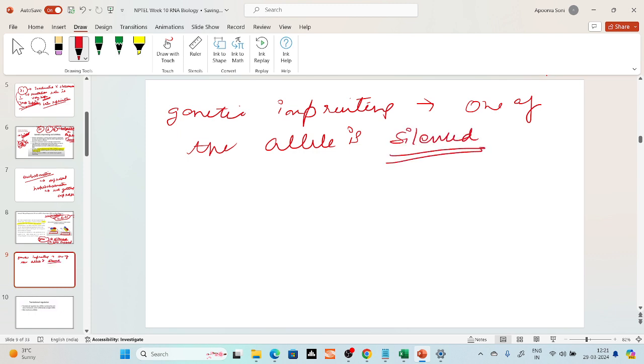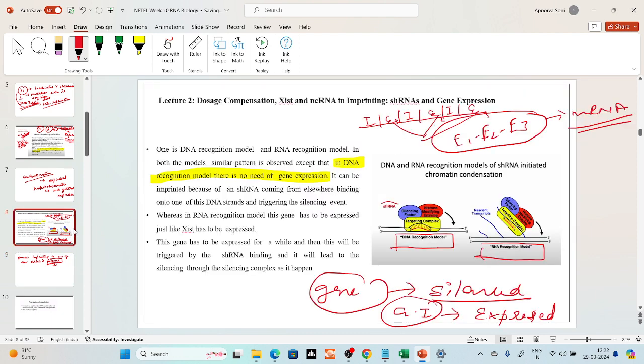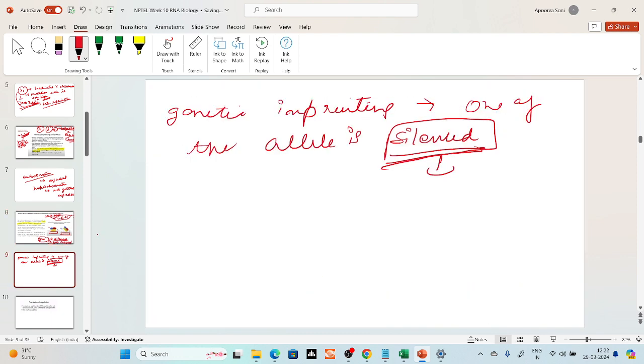That means the expression is coming from only one of the genes. Now, as one of the genes is silenced, it has to be silenced through some mechanism, and that silencing is mediated with the help of shRNA.